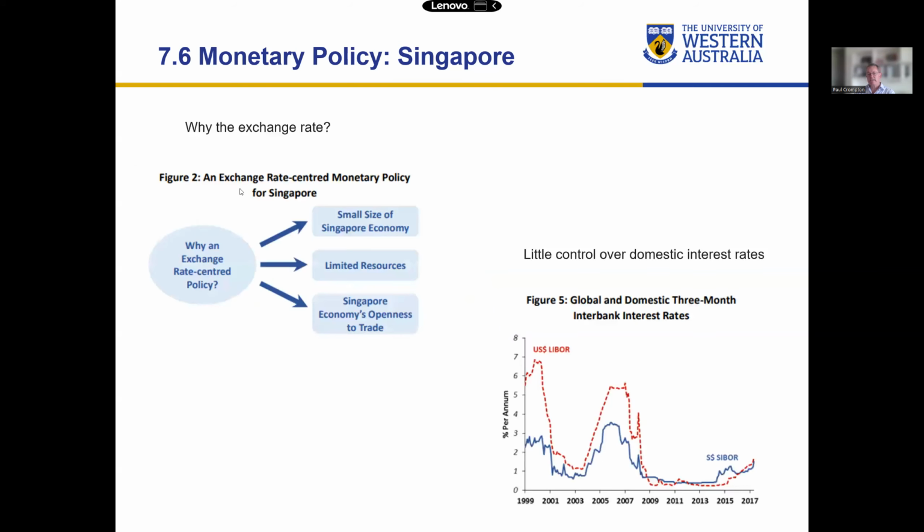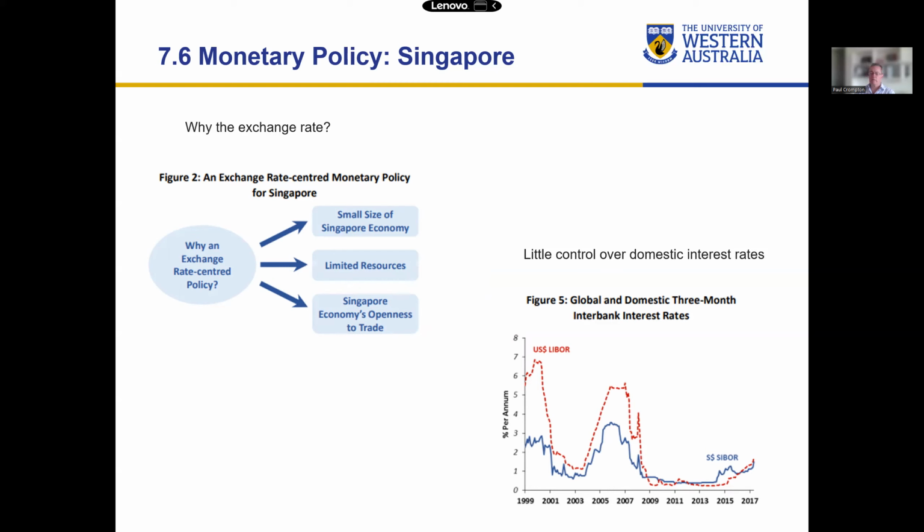So why does Singapore use an exchange rate-centered monetary policy? First of all, I'll start with the one I've already mentioned, right down the bottom: Singapore is very open to trade. It does a lot of importing and exporting. Now, in terms of monetary policy, the fact that Singapore exports a lot is not too much of a problem.